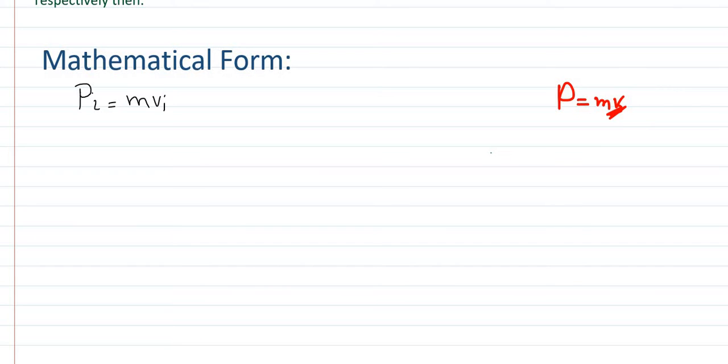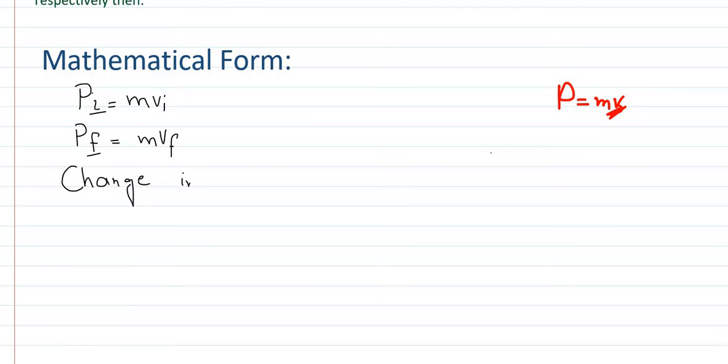For initial velocity we say initial momentum, for final velocity we say final momentum: Pf is equal to mvf. You can see here momentum is changing from initial to final. So I write here change in momentum.